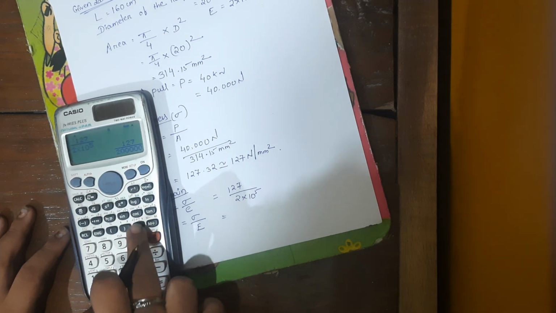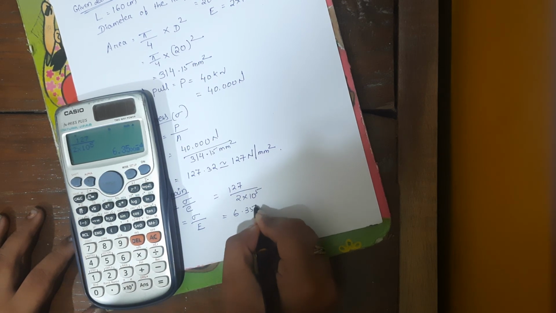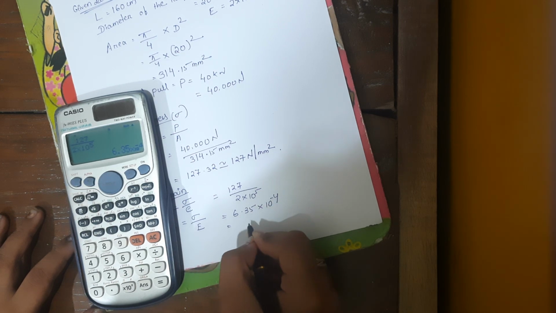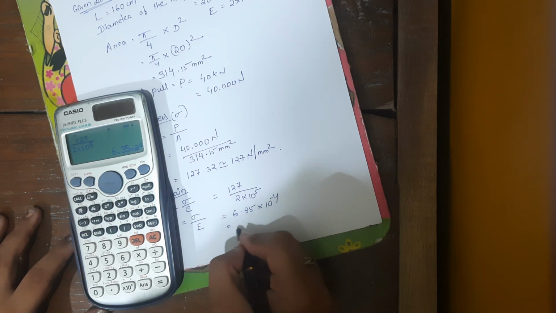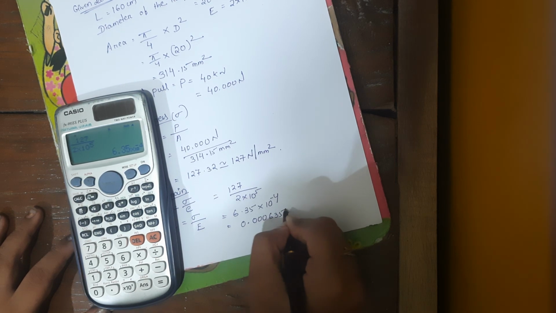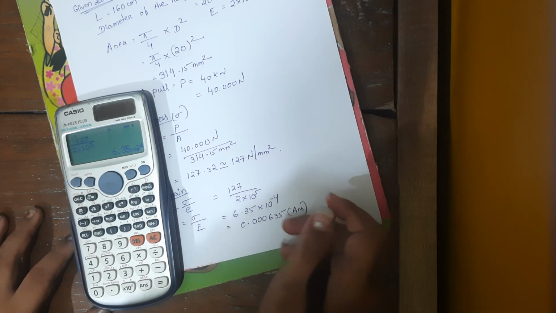The answer is 6.35 into 10 to the power minus 4, which is also 0.000635. And what is the unit of strain?